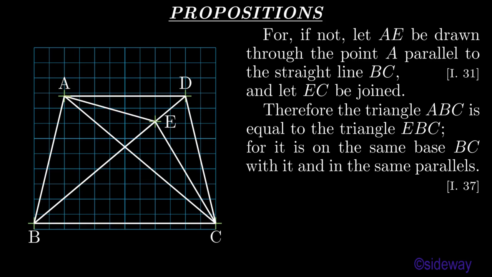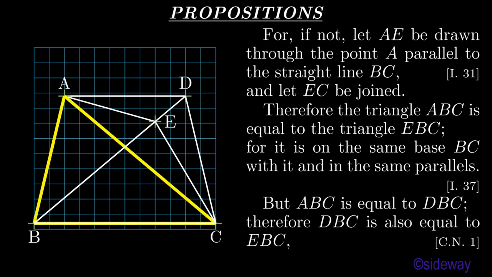By Book 1 Proposition 37. But ABC is equal to DBC. Therefore DBC is also equal to EBC. By Book 1 Common Notion 1.